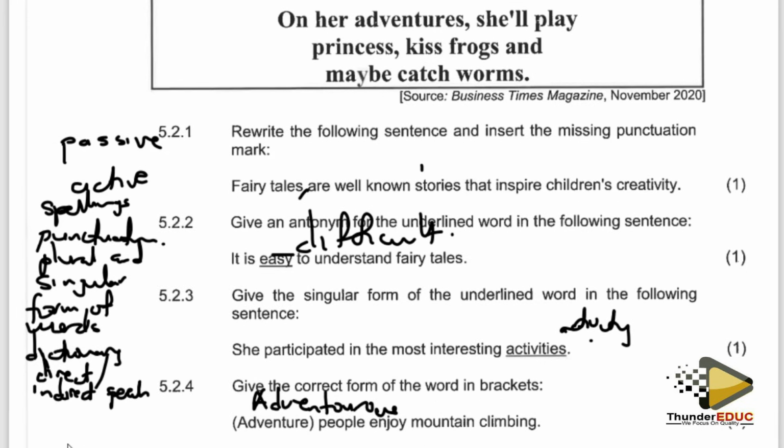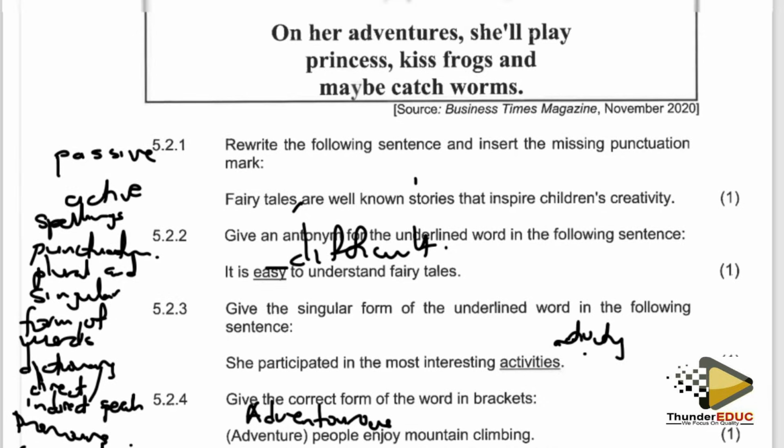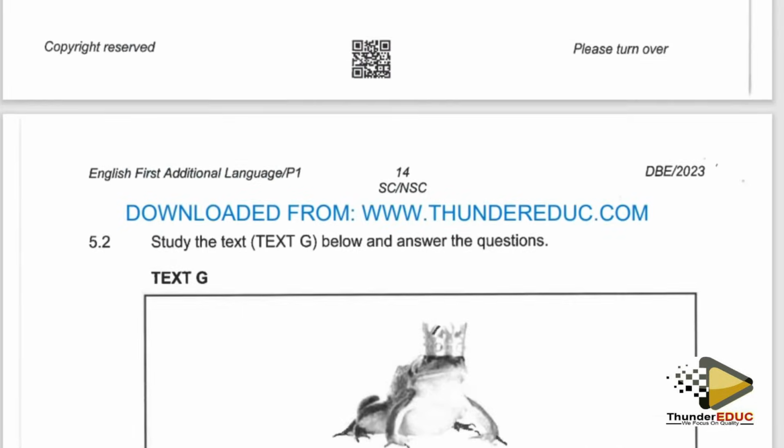Pronouns, conjunctions, prepositions. Please, let's revise our language components so that we can be able to get through our 40 marks.